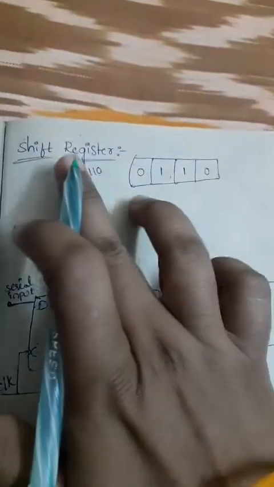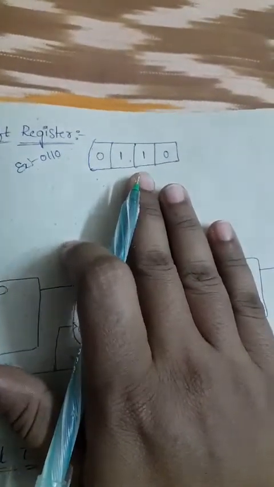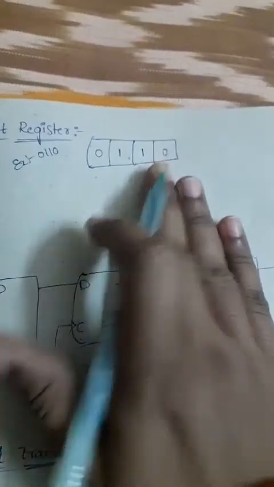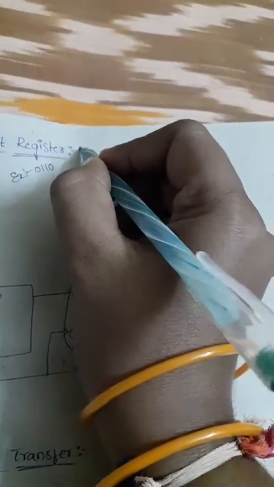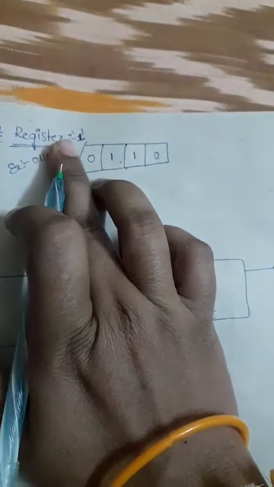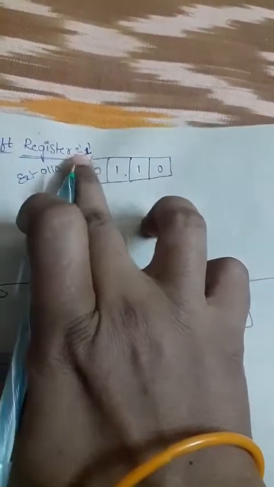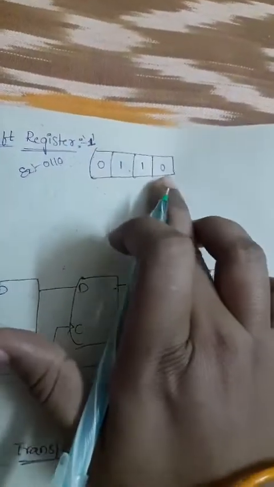Now we need to shift that information. First of all, I want to shift the data from left to right. There is a new input I can consider, that is 1. Now I want to shift this 1 into the particular position.